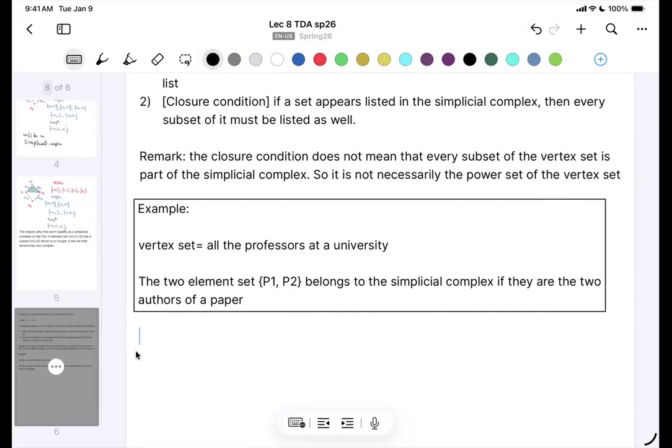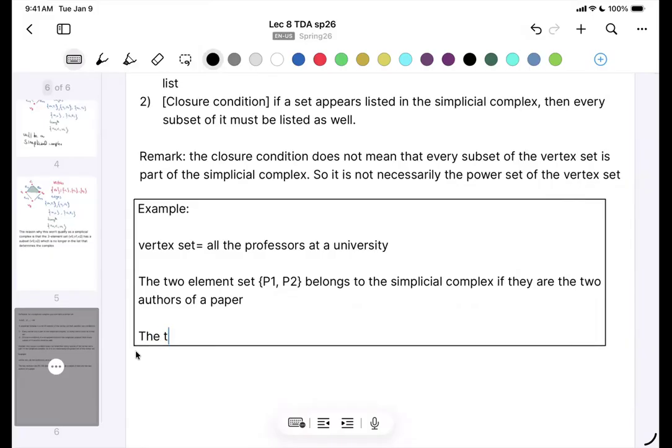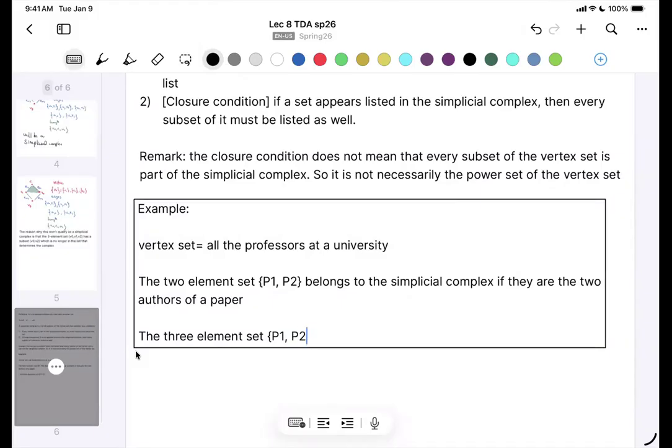So for example, just to make this no longer a graph, if you have a three element set of three professors, a list of three professors, P1, P2, P3 would belong to the simplicial complex if the three of them wrote a paper together.